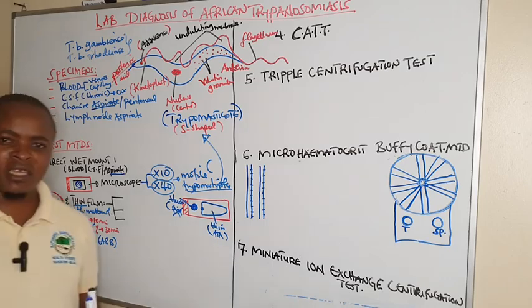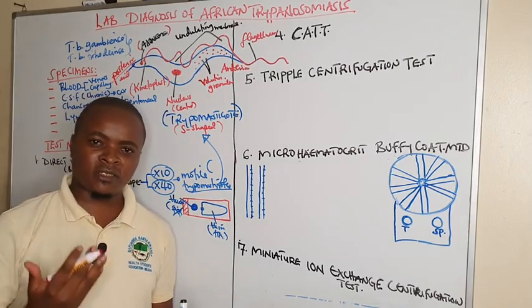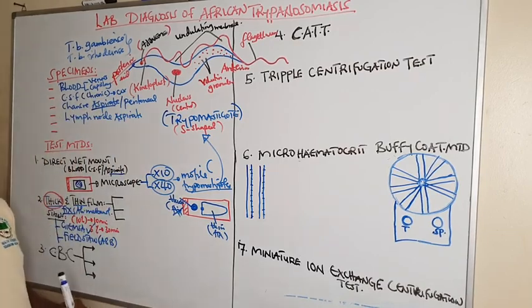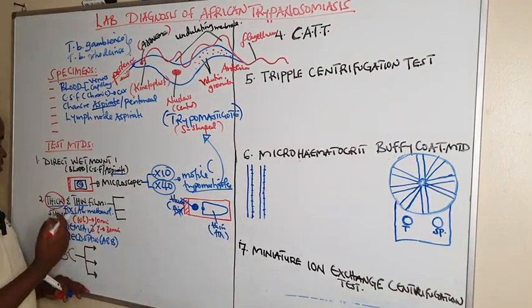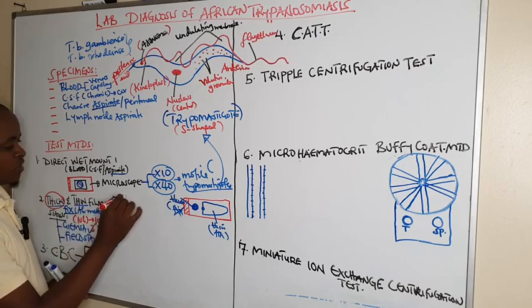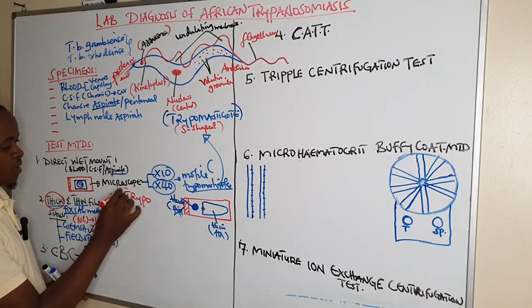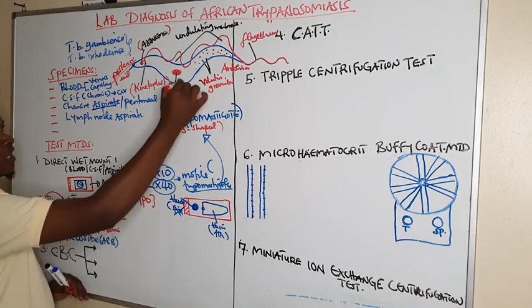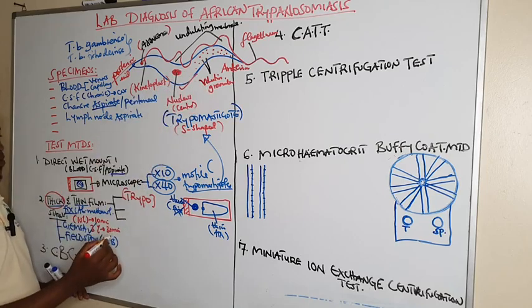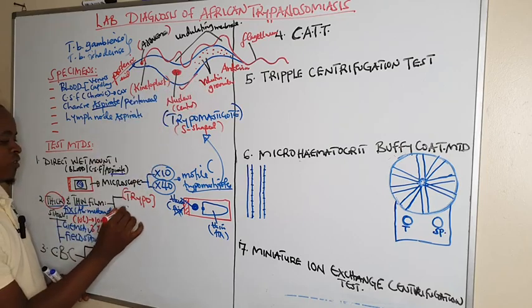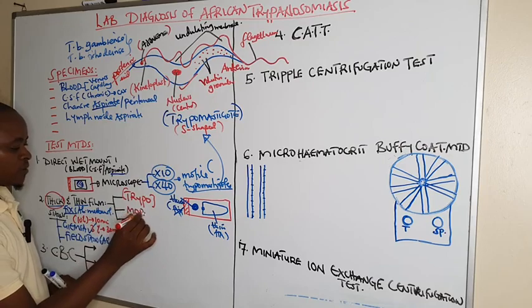We prefer thick because it increases the chances of detecting trypanosomes. So we look for the presence of trypomastigotes, as we have seen, their characteristic form here. Or another thing, we look for the presence of morula cells.